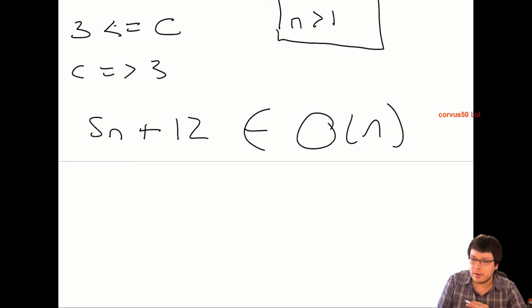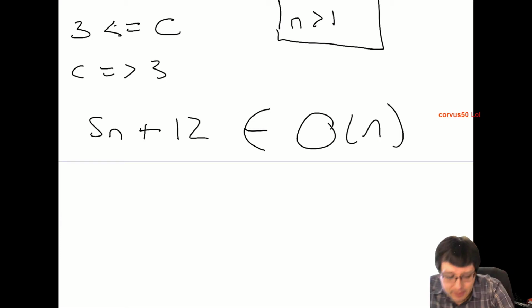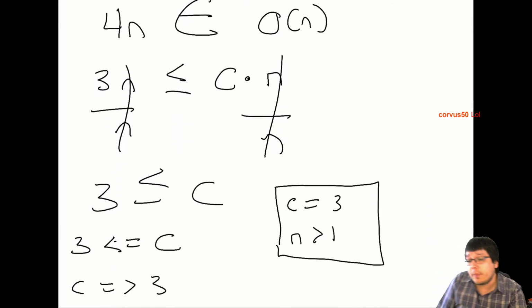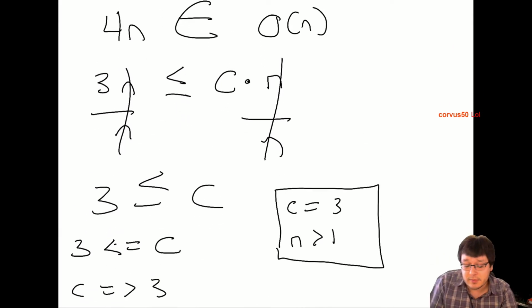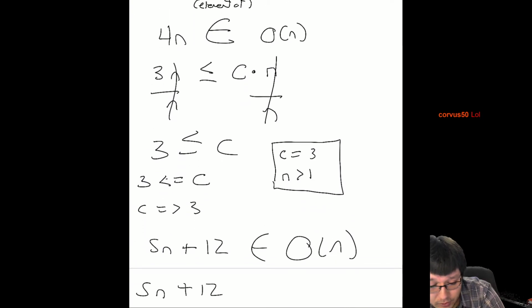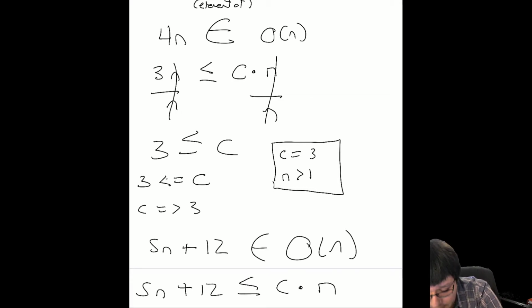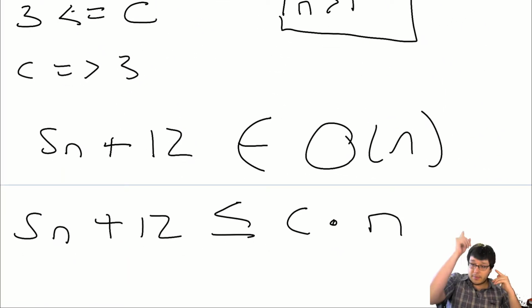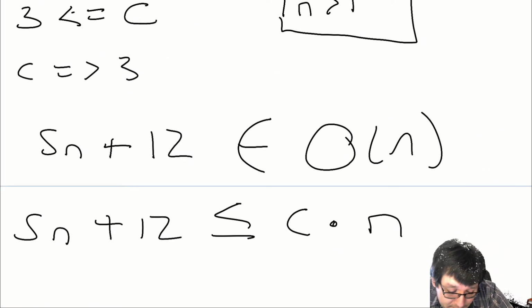This is a little bit harder, quote unquote harder. What we want to do is put it in the same syntax here, and the test is open notes, so prepare your notes ahead of time, I suppose. We want to convert this into 5m plus 12 is less than or equal to some magical c times n. Again, I called it c, but it's m in the above example that we did.